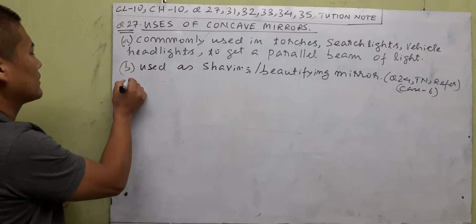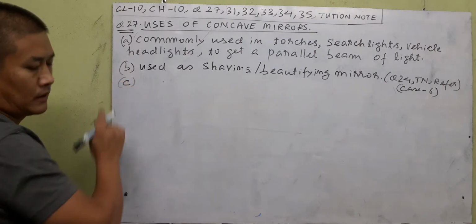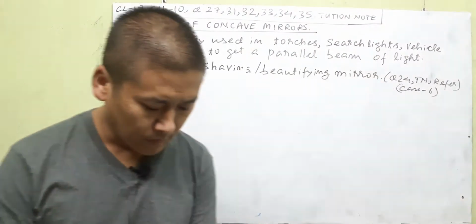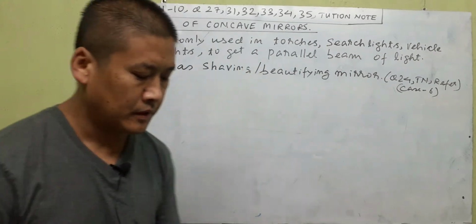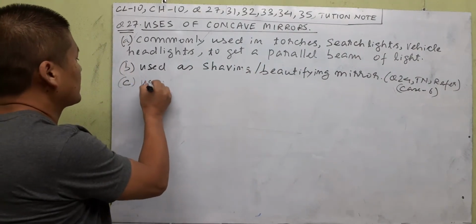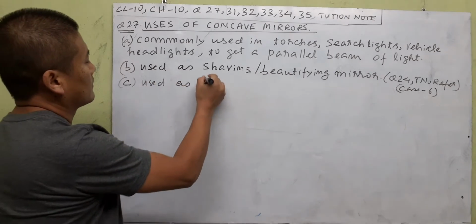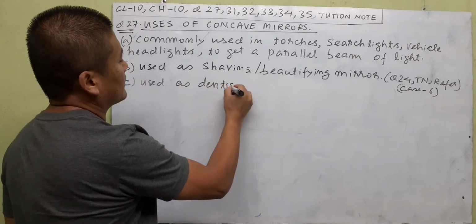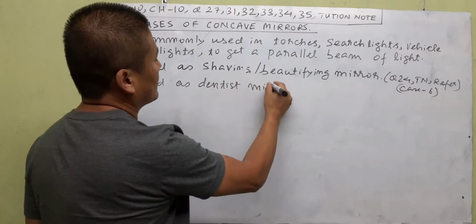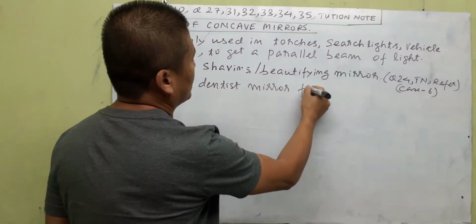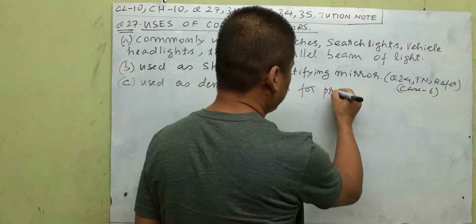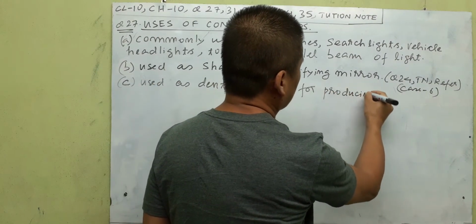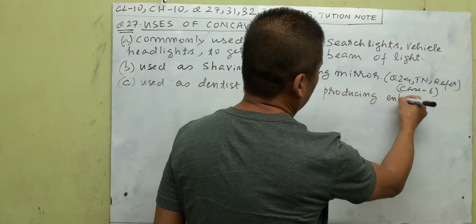The third use is C. Dentist mirror. It is used by dentists, that means dentist mirror, for producing or forming an enlarged image.